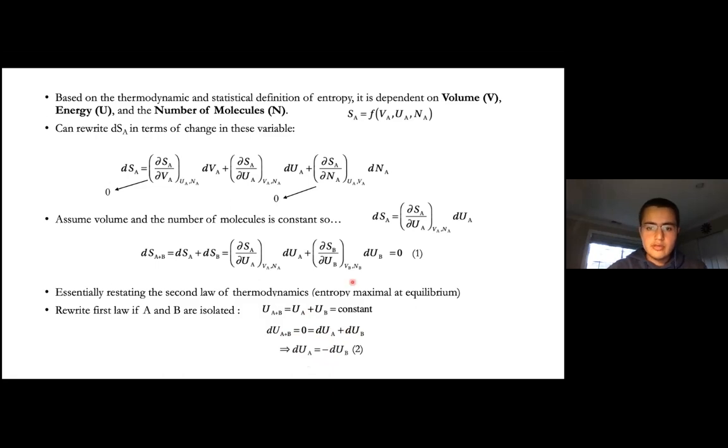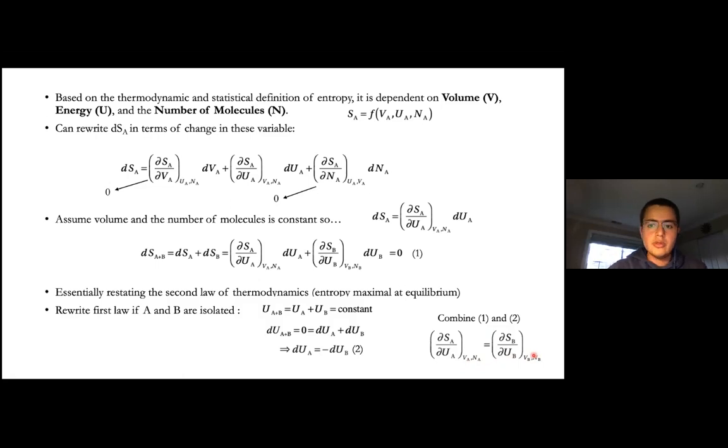And if you notice, in the first equation we also have dU_A and dU_B. So if we combine these two equations, we get the simplified result that the partial derivative of entropy of A with respect to energy, keeping volume A and the number of molecules A constant, equals the partial derivative of the change of entropy with respect to energy, keeping the number of molecules B and the volume B constant.